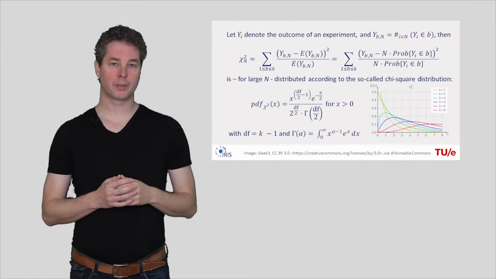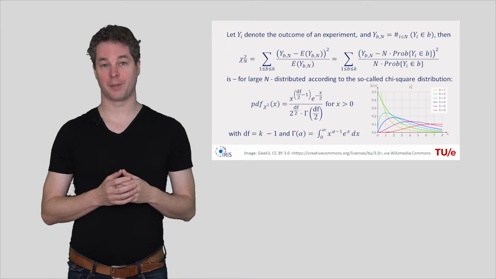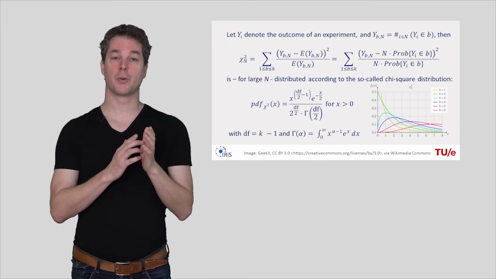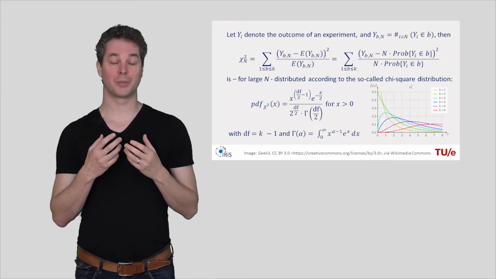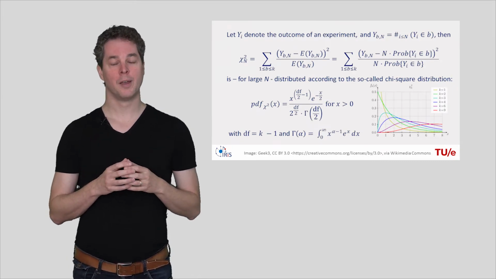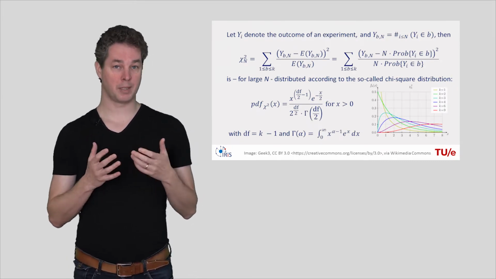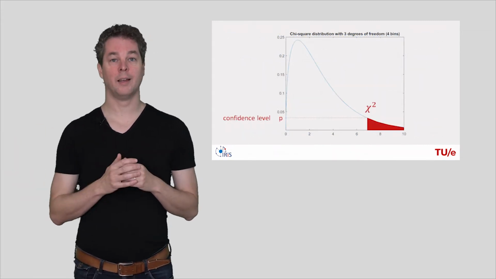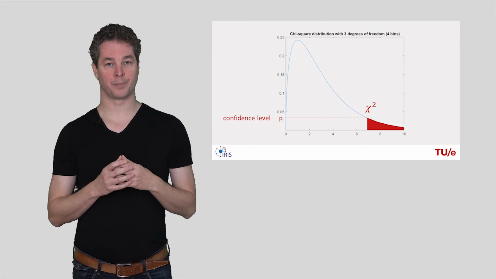The chi-square statistic always has a positive value, and when we get a better fit, we expect it to be closer to 0. So in order to compute a confidence interval, we take our confidence level p and we look at the right tail of p in the distribution.